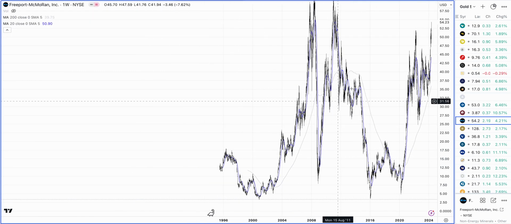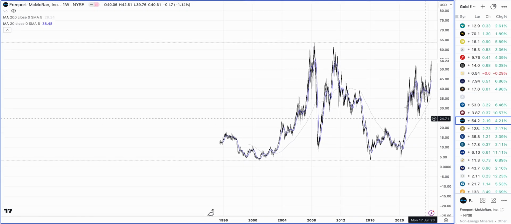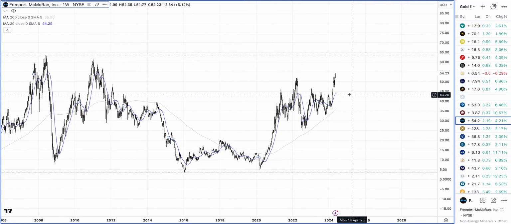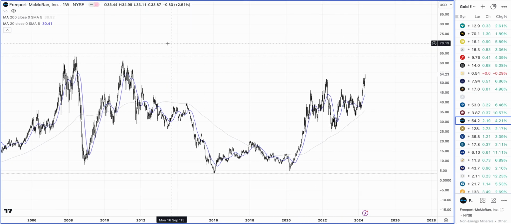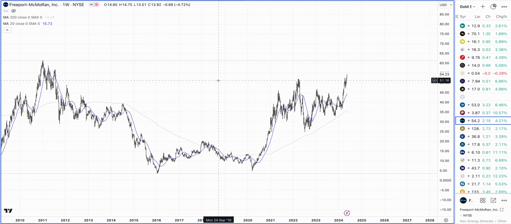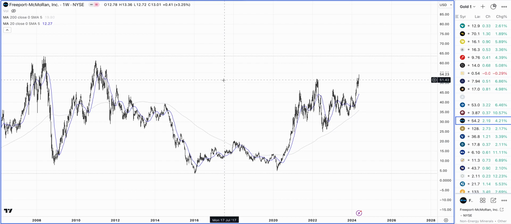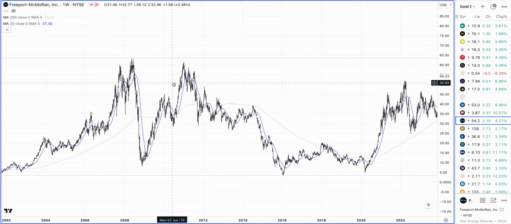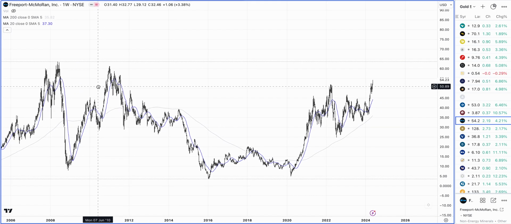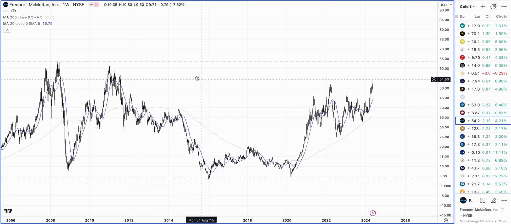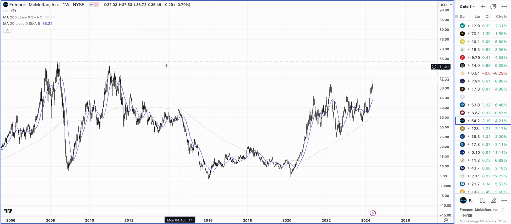Could it be a move towards all-time highs around here? That possibility remains. But on a previous occasion, it had failed to do an ABCD higher. I think it looks like it wants to go higher and test the 61 region.